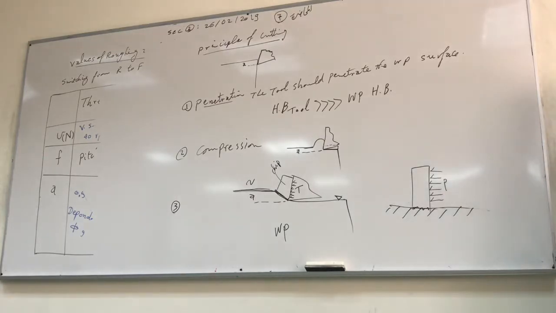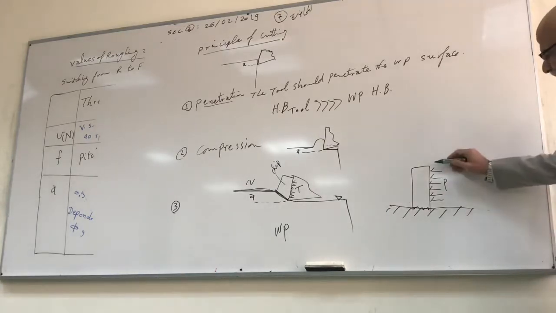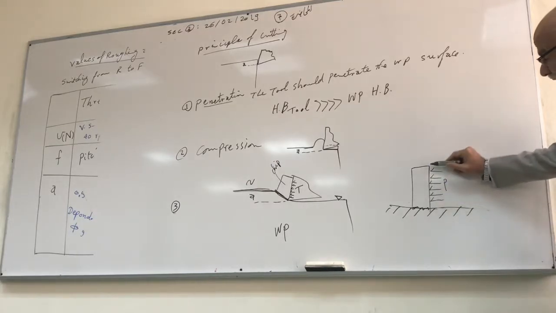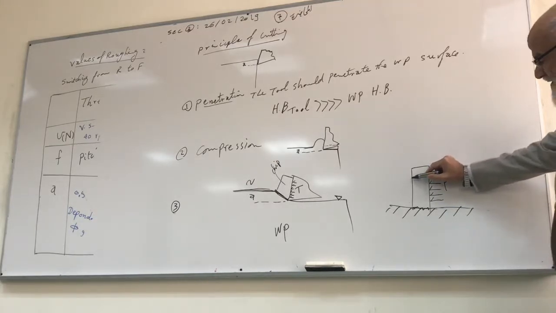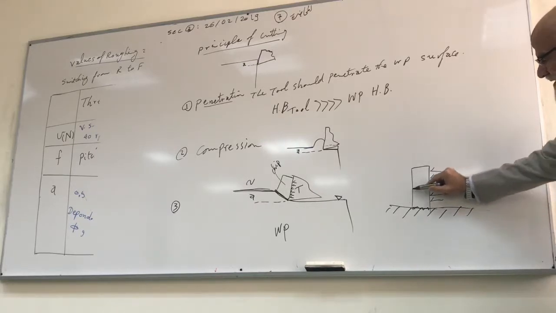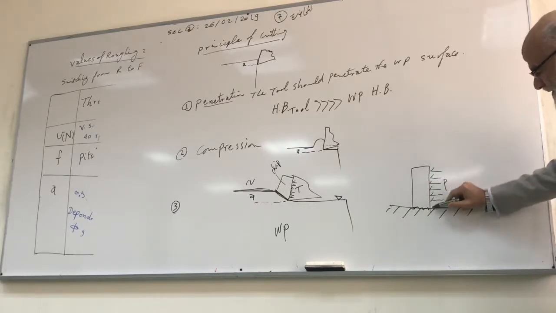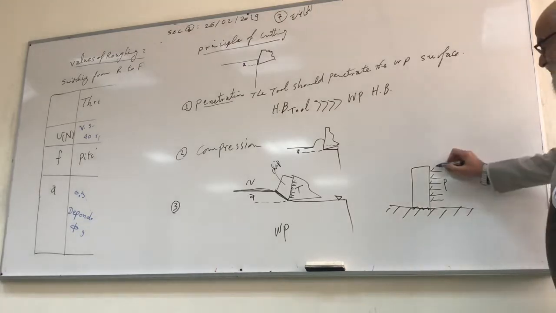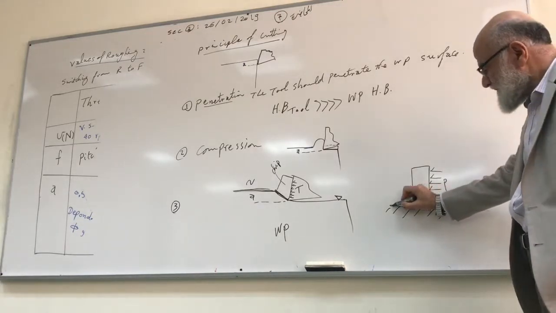Why? Because the shear stress is uniformly distributed. Therefore, the shear on that section is less than the shear on this section. Therefore, the maximum shear is found here. Also the bending: the distribution of bending is 0 here and maximum here.